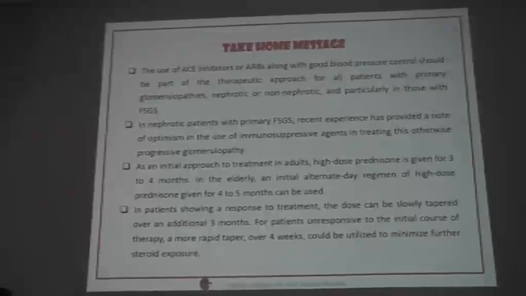Keeping in mind also that glucocorticoid should be kept as a cornerstone for initiation of treatment of those patients. In patients showing a response to treatment, the dose can be slowly tapered over an additional 3 months. For patients unresponsive to the initial course of therapy, a more rapid taper over, for example, 4 weeks should be utilized to minimize further steroid exposure.